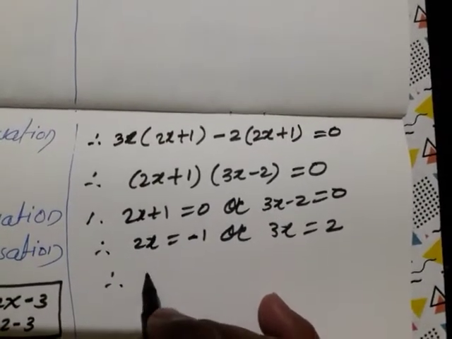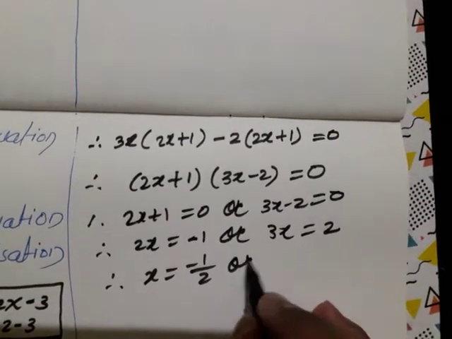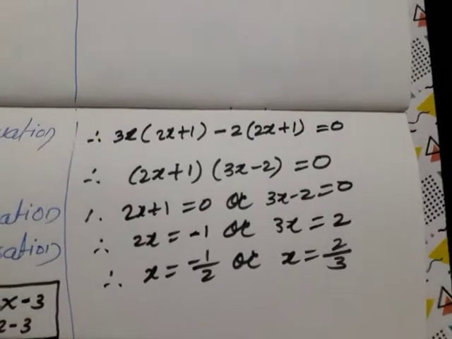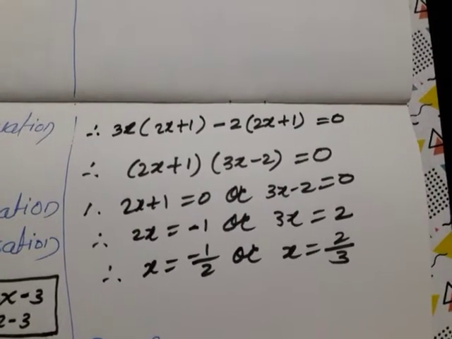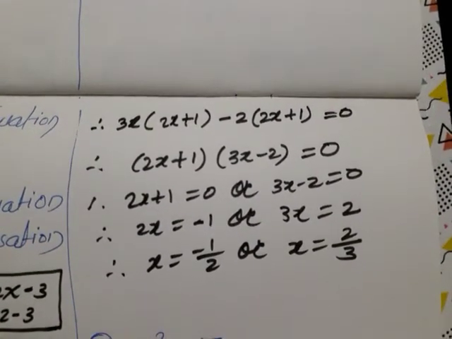We want to find out x is equal to, divide this, minus 1 by 2 or x is equal to 2 by 3. Those are the factors, or we can say those are the roots of the given quadratic equation.